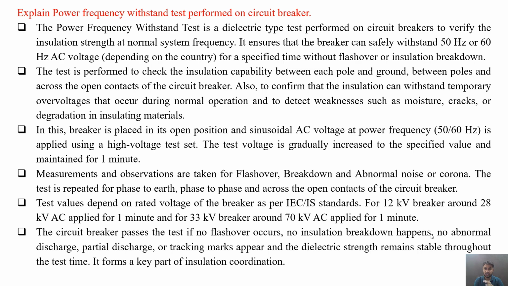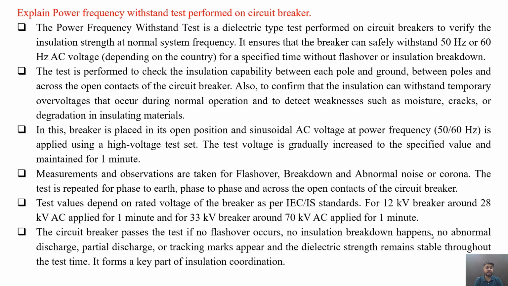The test voltage is gradually increased to the specified value and maintained continuously for 1 minute, or say 60 seconds. Measurements and observations are taken for flashover, breakdown and abnormal noise or corona. The test is repeated for phase to earth, phase to phase and across the open contacts of the circuit breaker.